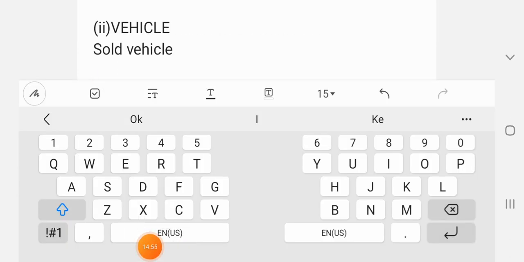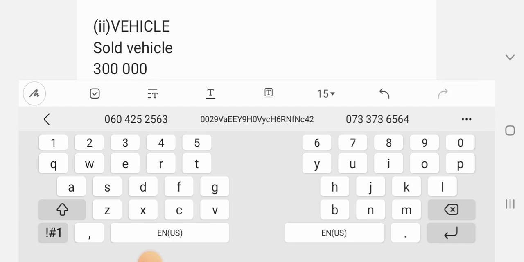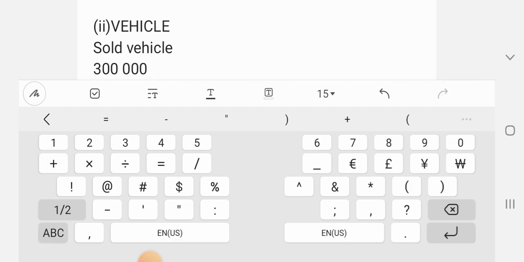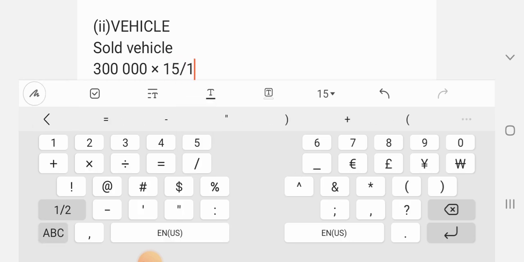And a vehicle was sold. So the cost of that vehicle that was sold on the 31st of August 2022 is 300,000. We are going to multiply that by 15, divide by 100. Remember, depreciation for vehicle is calculated at cost. And then this vehicle was sold in August, right?